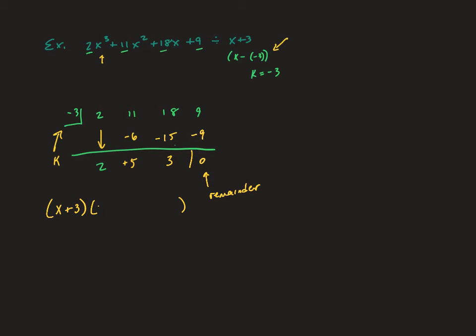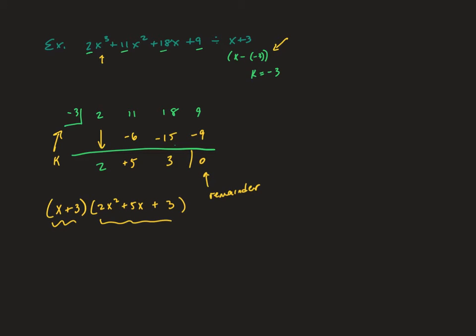So this is going to be 2x to the second plus 5x plus 3, which is the other quotient. So that is my quotient. And there we go. We were able to do synthetic division pretty quick that way.